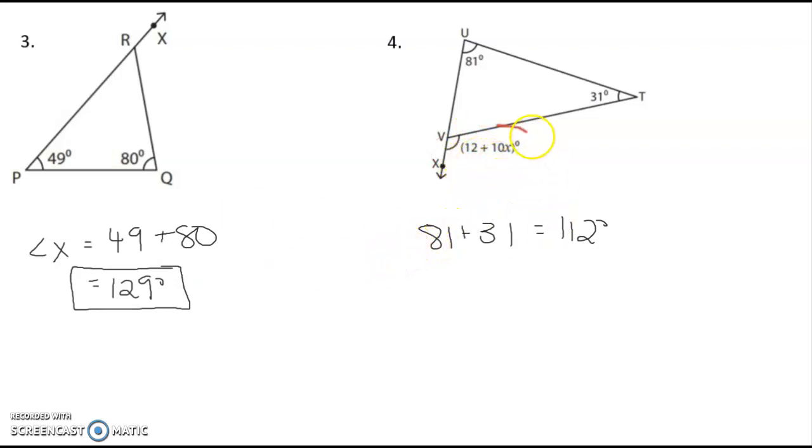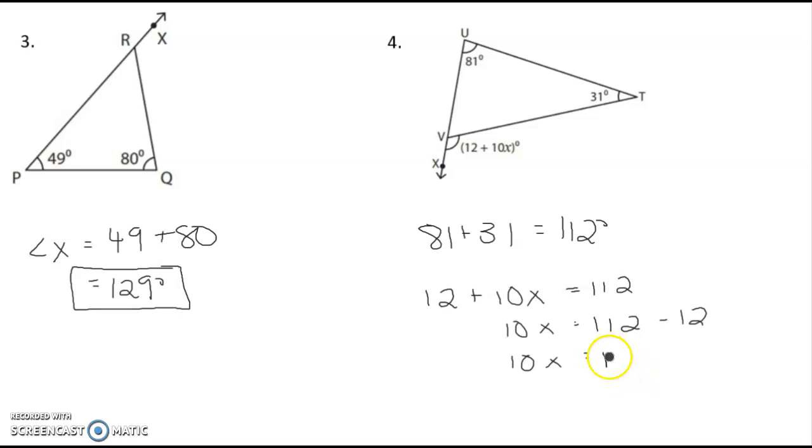Okay, so now we're going to take this number and put it equal to 112. So 12 plus 10x equals 112. So we're going to collect like terms. I'll keep my 10x positive. I'm going to move this 12 to the other side, making it a negative 12. So 10x equals 112 minus 12. So that means that 10x equals 100.